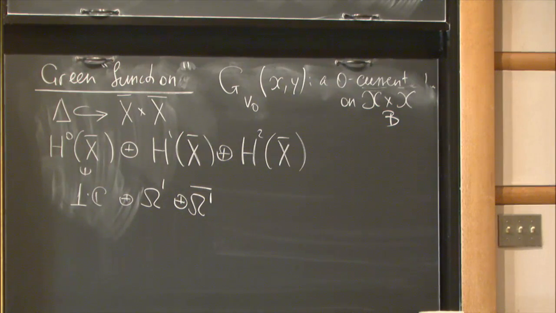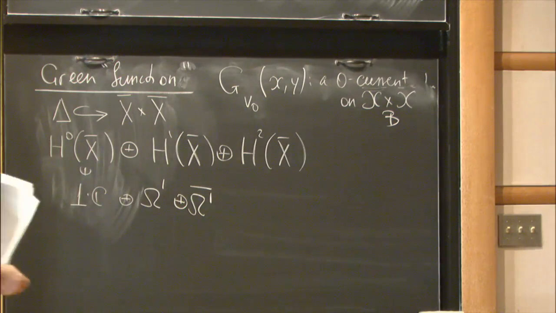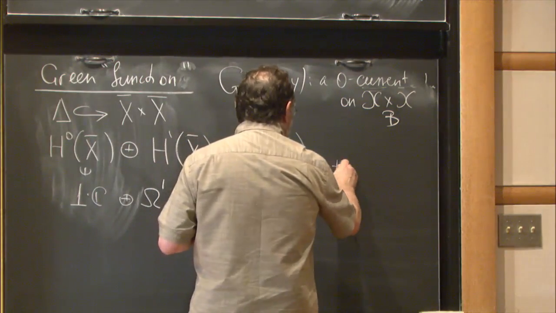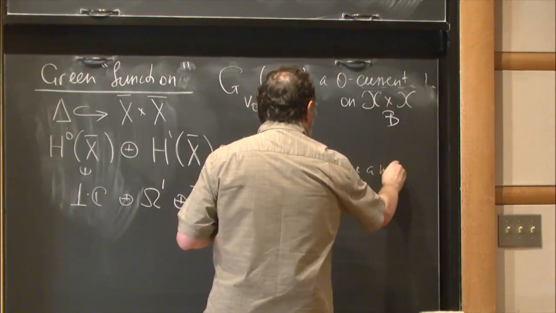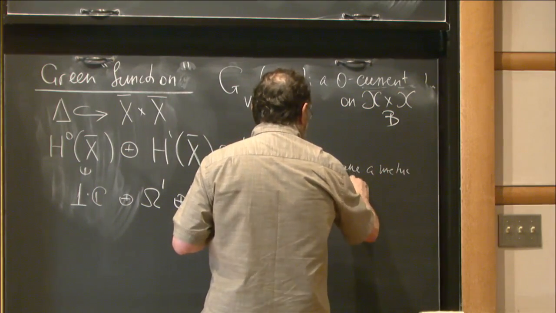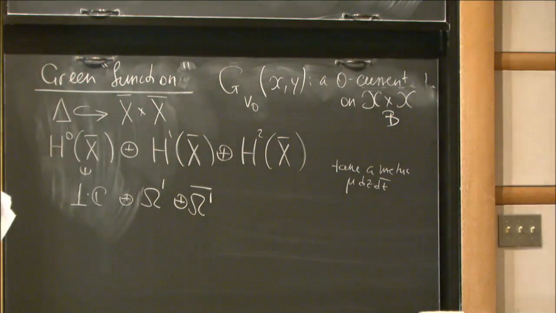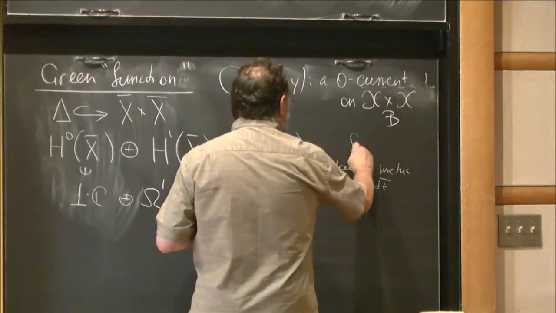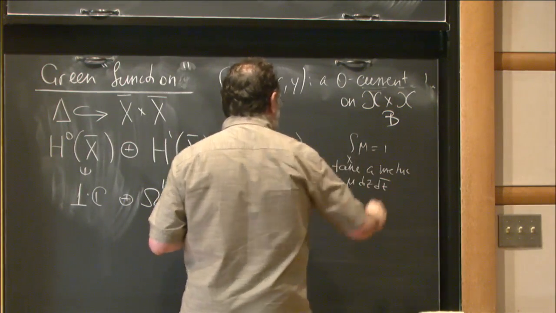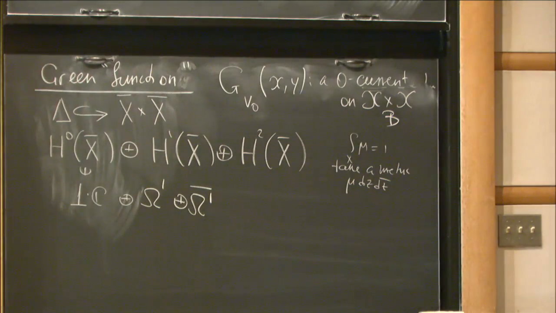That's very natural. But when I come to H2, there is no natural choice. What we usually do is take a metric mu dz d z-bar and declare it a representative of the cohomology class, where we usually say that the integral of mu over X is 1. But I'm going to use a different choice of, so to speak, harmonic representative.